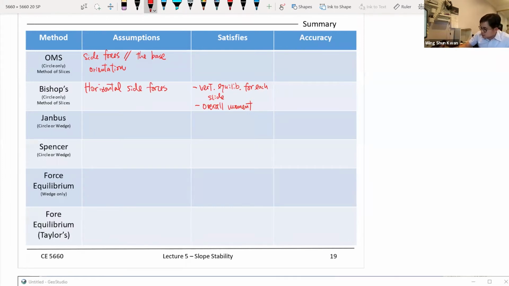So within each slice, this is the side force. And the OMS method only fulfills the moment condition. It only satisfies the overall moment.